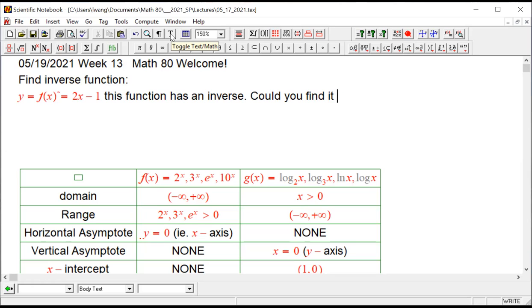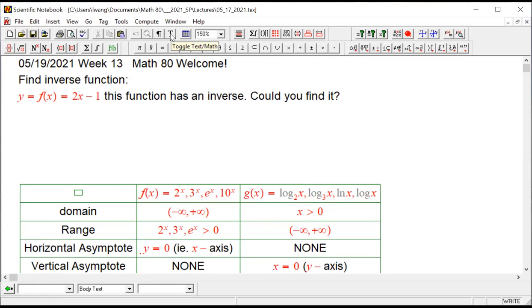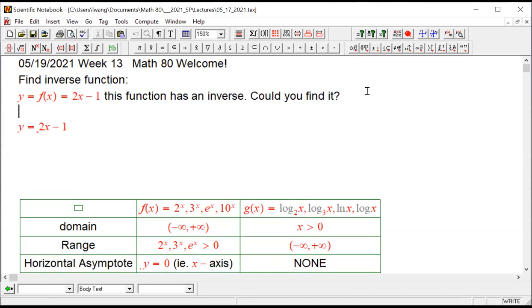Not for me, just for yourself. Have you learned this technique to find the inverse function? Okay, so we're going to find the inverse function. The first step is to swap x and y.